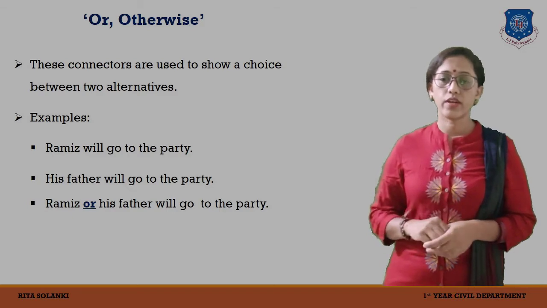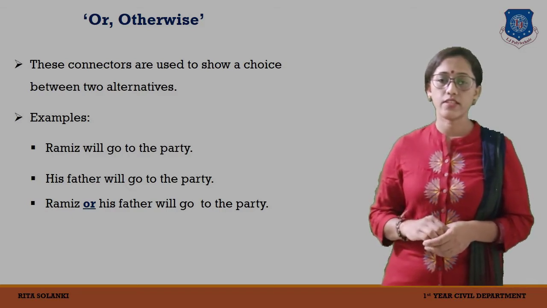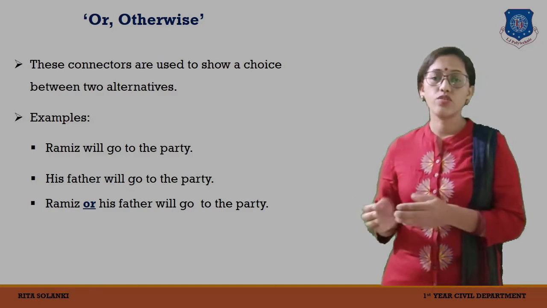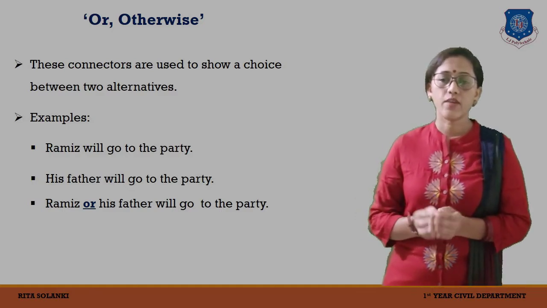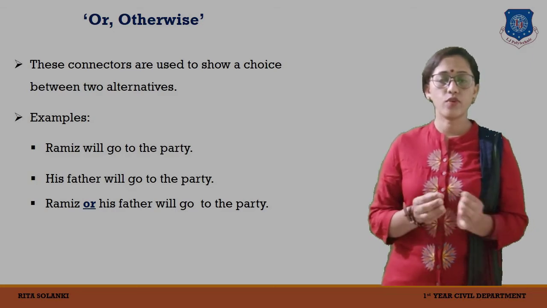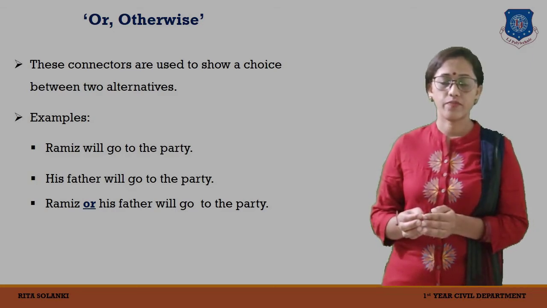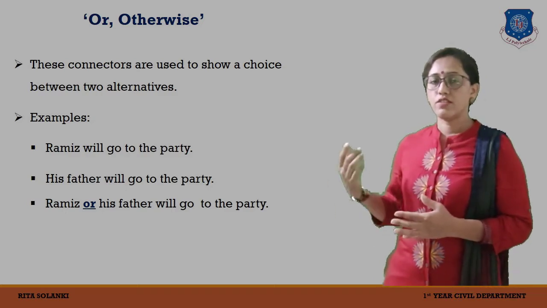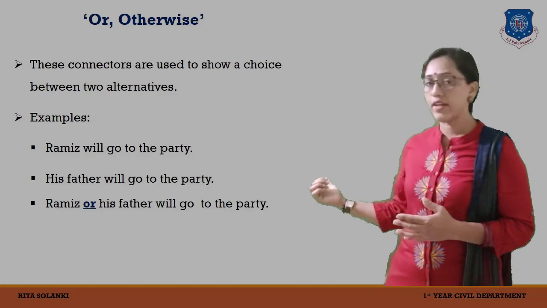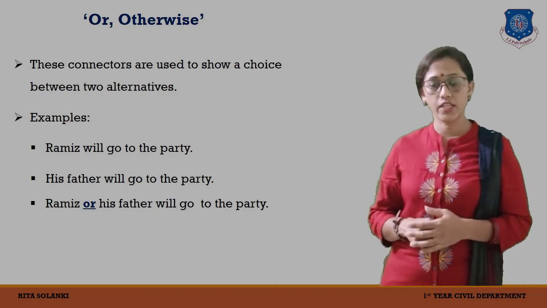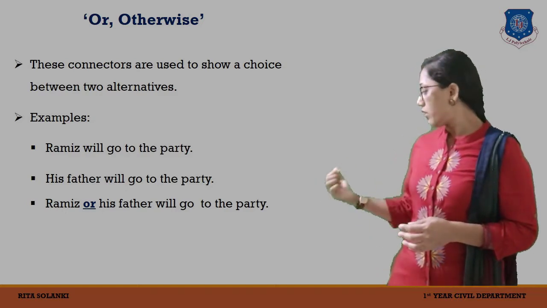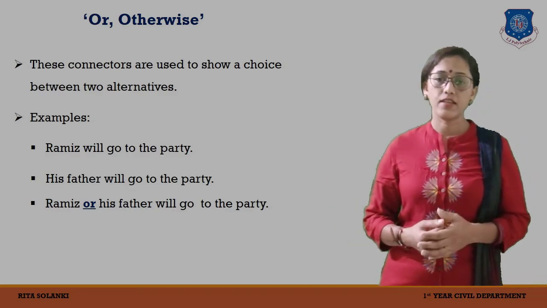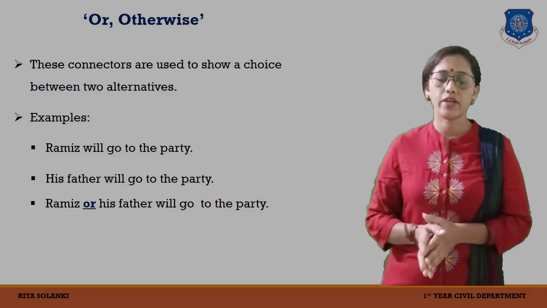So when we want to connect these two sentences and we want to show that either of them will go to the party, at that time we can make use of or and otherwise. So the sentence given here will turn into something like this when connected with the help of our connector. It will become, Ramesh or his father will go to the party tonight.